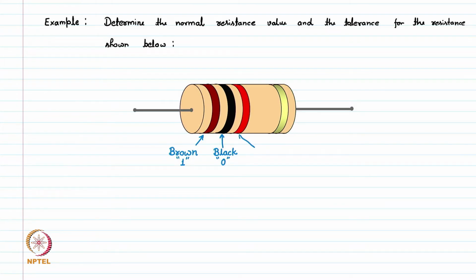The third band is red, which represents the number 2, and the fourth band is the gold, which represents the number 5.